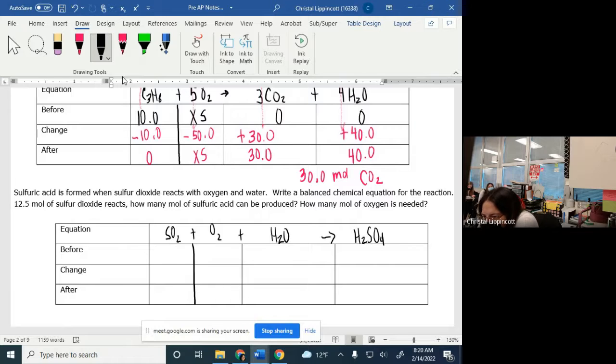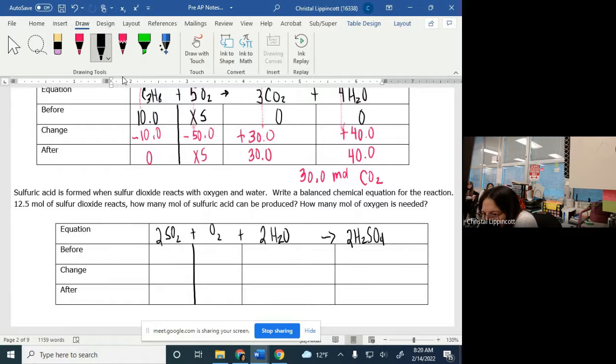Okay, I've got to balance here. So I've got 2, 4, 5. That's not going to work. So I'm going to have to double this to start with. That's going to give me 4. So I'm going to put a 2 there. I need to put a 2 there. So that's 4, 5, 6, 7, 8.